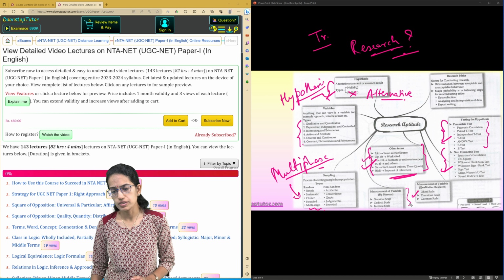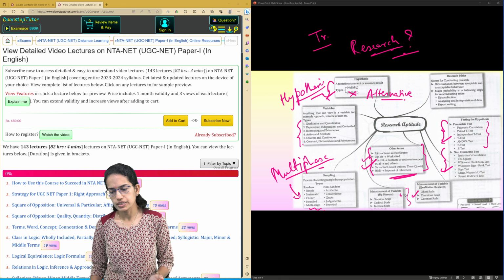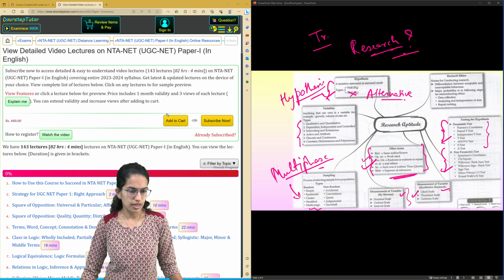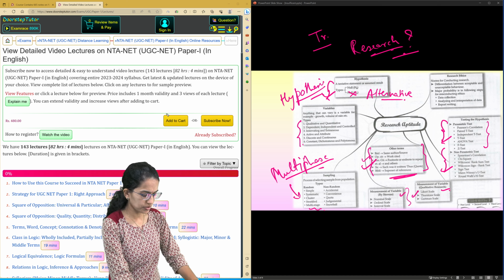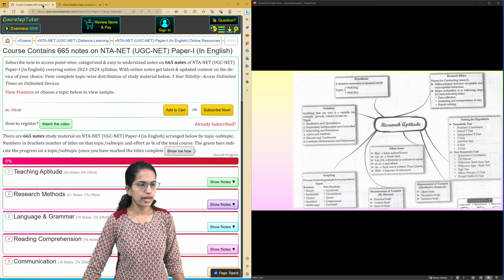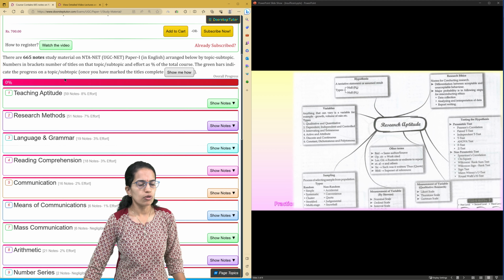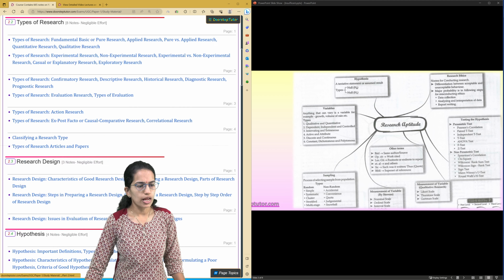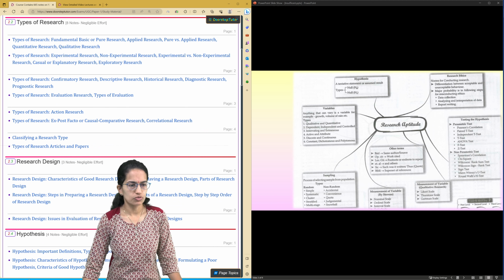Classification of variables, the measurement of variables by Stevens, and qualitative measurement in itself is not a complete option, I would say. Now when I'm saying this, let me take you to the right place to compare it. When you go on to the complete notes under research methods, you would understand these are the topics that you need to understand.